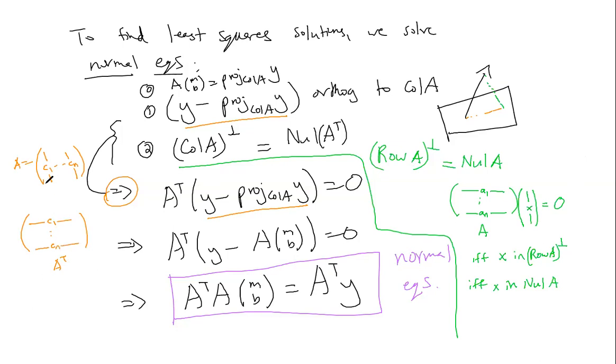And to be orthogonal to the column space, it means that your dot product with all of these columns, C1 through Cn, which are now rows, has to be 0, which means exactly it's in the null space of A transpose. This equals 0 if and only if x is in the column space of A perp. But it's just the definition of being in the null space of a matrix.